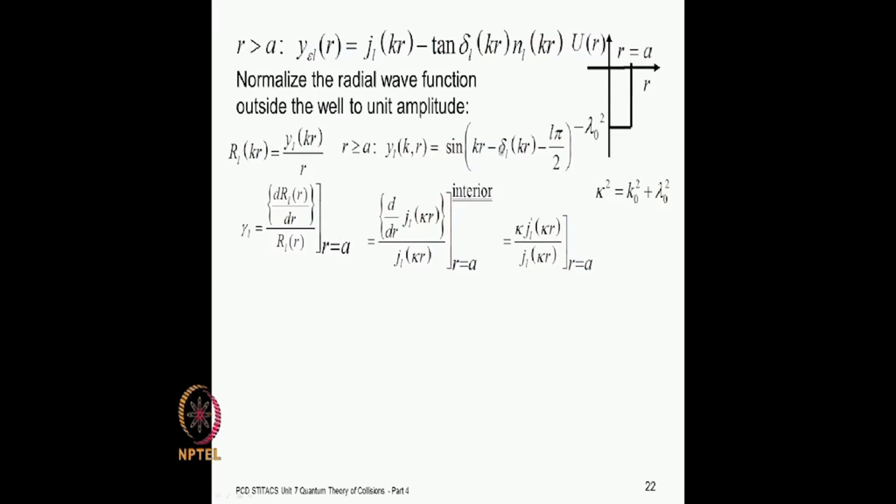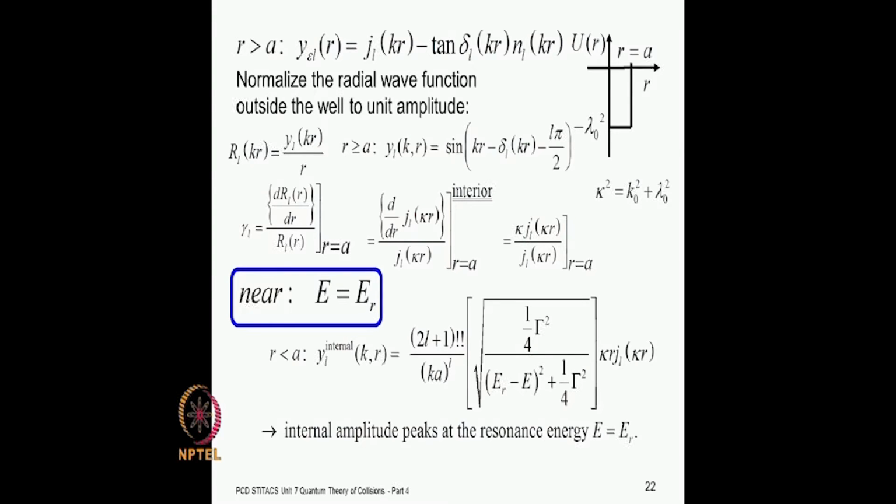Outside you have got the total phase shift, which is the sum of the background part and the resonance part. And near the resonance, if you rewrite this expression, what it gives you for the internal wave function is a function of an amplitude which is the most amplitude.